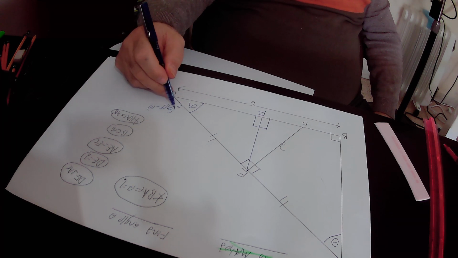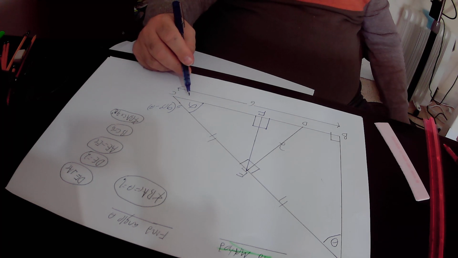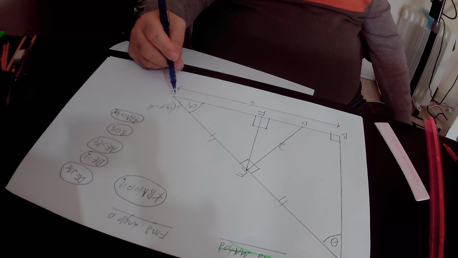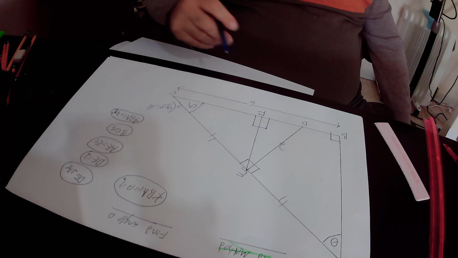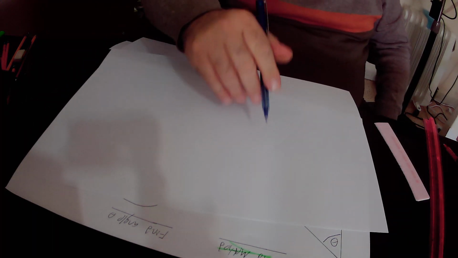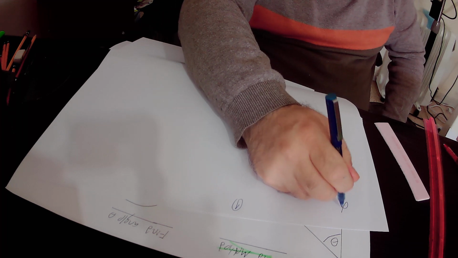Because we defined the size of this angle as alpha, we conclude that alpha equals 90 degrees minus theta.